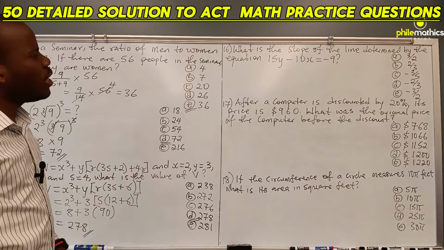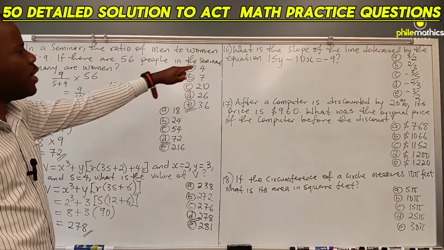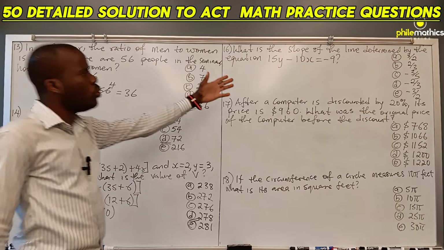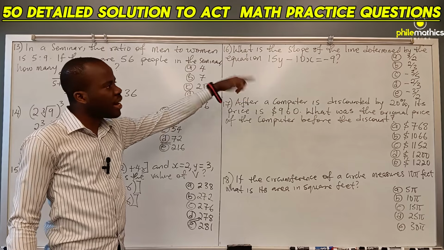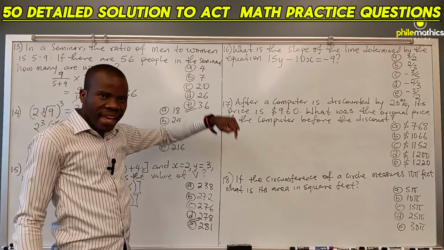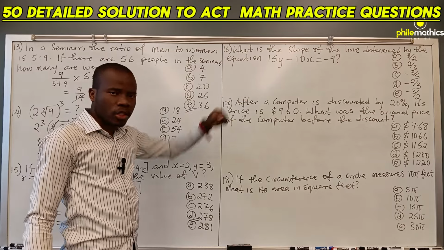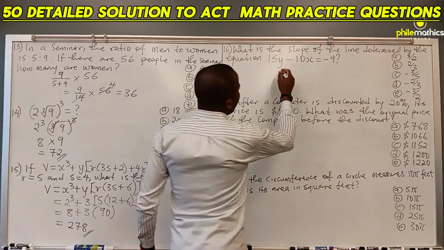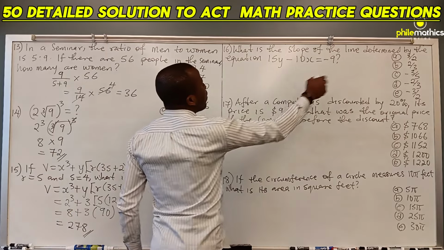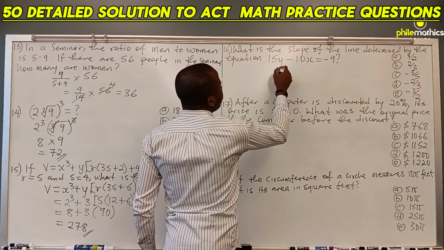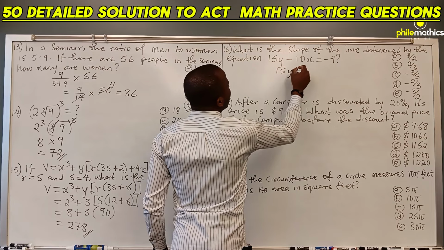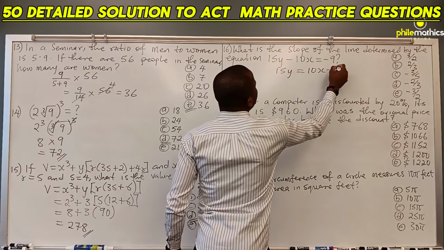What is the slope of the line determined by the equation? So what we'll do here is to rewrite this equation with y the subject of the formula. So if I take minus 10x to the right or add 10x to both sides, I have 15y equals 10x minus 9.